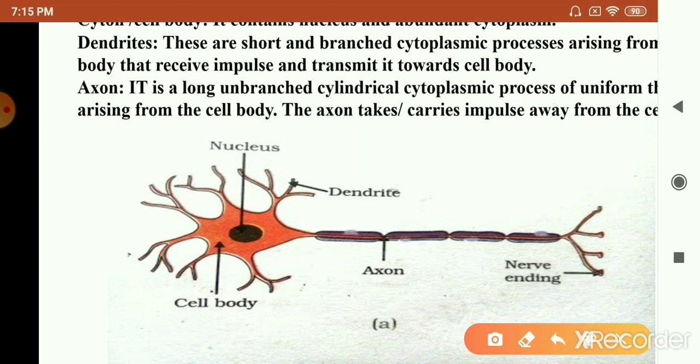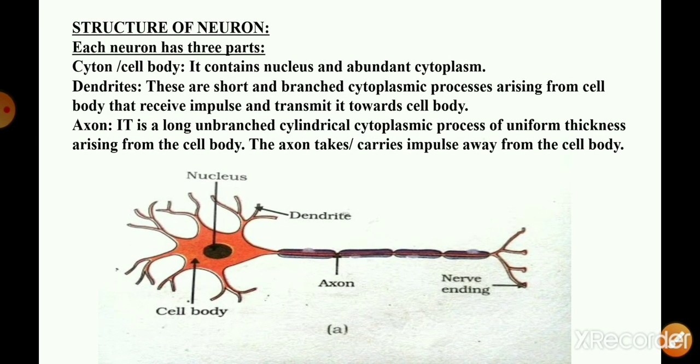Then the cell body or the cyton has a long cytoplasmic process which is of uniform thickness, and generally it is unbranched. This long cytoplasmic process is called the axon. The axon carries the impulse away from the cell body. So that's the role of the axon.